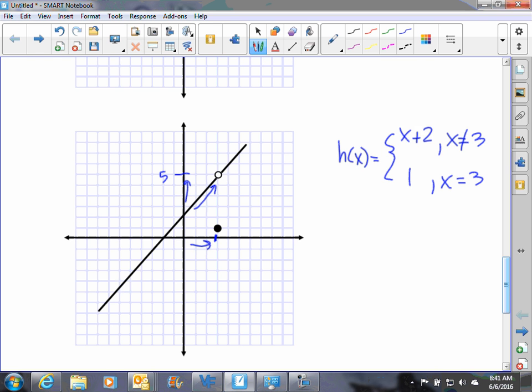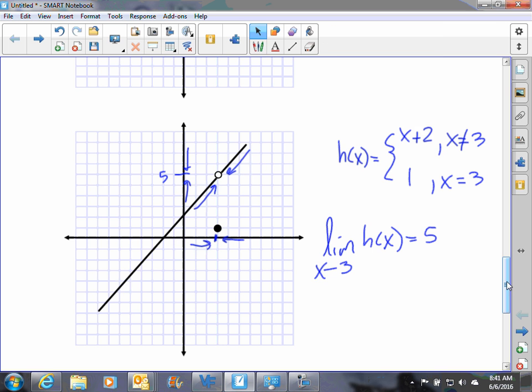And as we approach 3 from the right, the value is approaching 5 from the right. And so again, the limit as x approaches 3 of h of x is equal to 5.